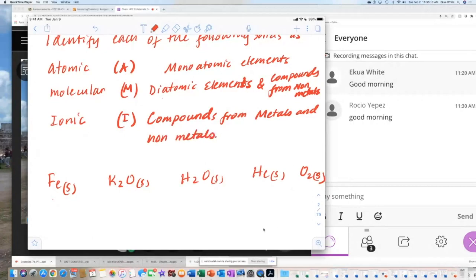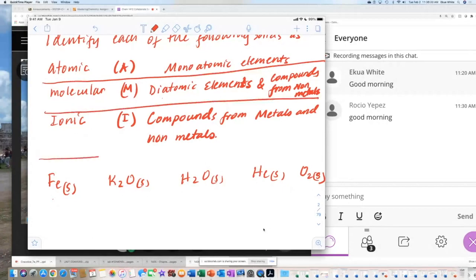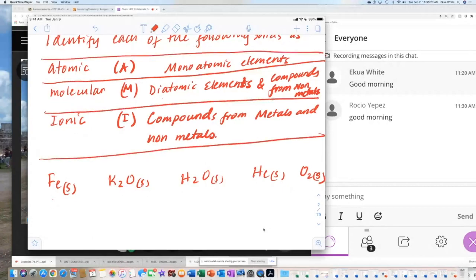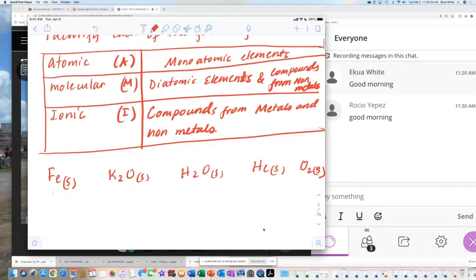So if this question boils down to understanding those definitions from 1411, having given a quick recap, can we go ahead and classify our formulas based on the possible types? What do you think iron solid will be? Right, so this would be atomic.